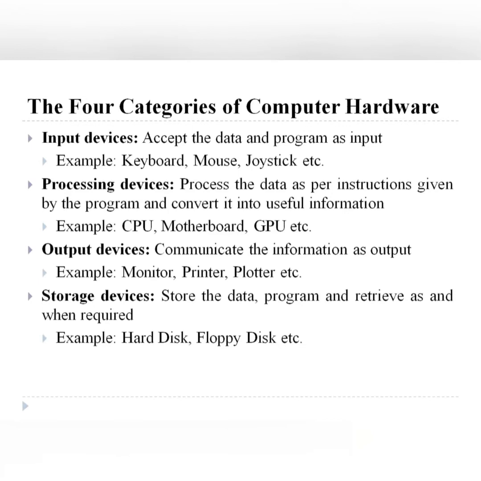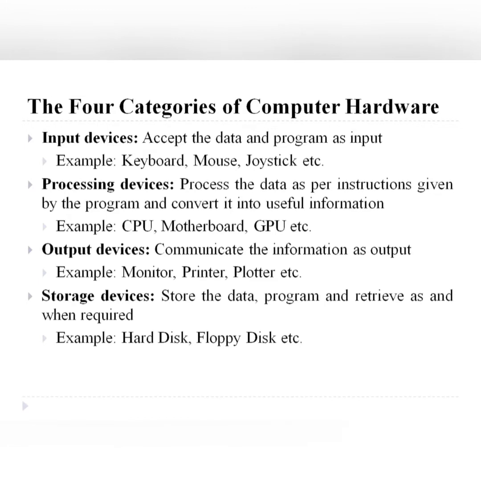And the next one is processing devices. These devices are used to process the data as per instructions given by the program. Examples of processing devices are CPU, motherboard, GPU, etc. And the output devices. These are the devices which give the desired result to the user.